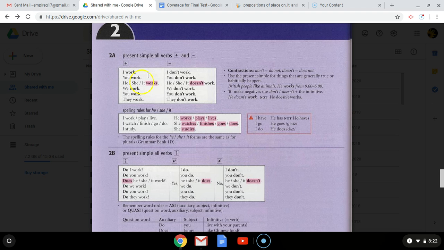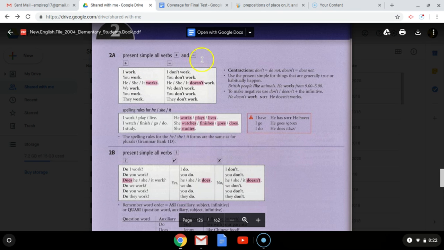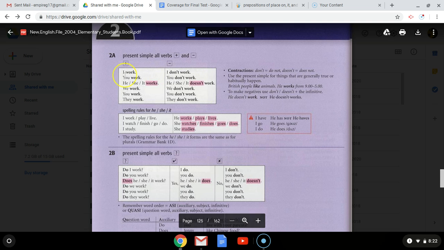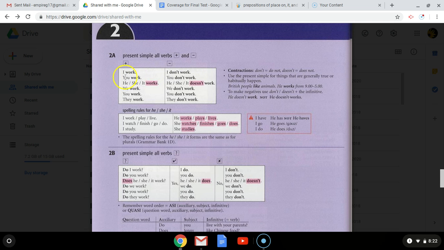Okay, and then for the negative form of present simple, it's very easy. All you have to do is to use don't or doesn't. Okay, so let's read some examples here. We have I work, you work, he, she, it works.